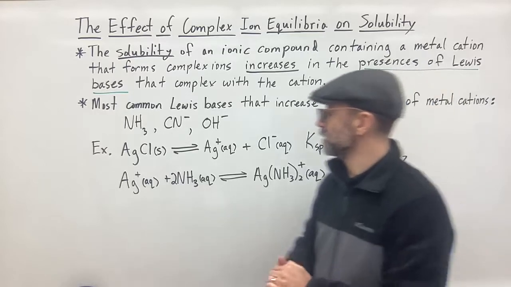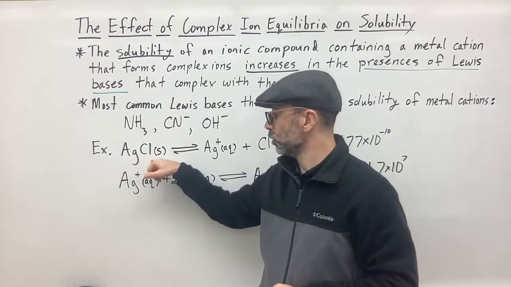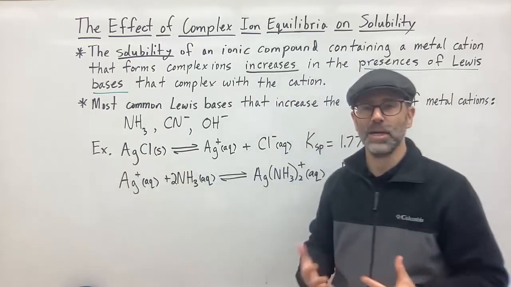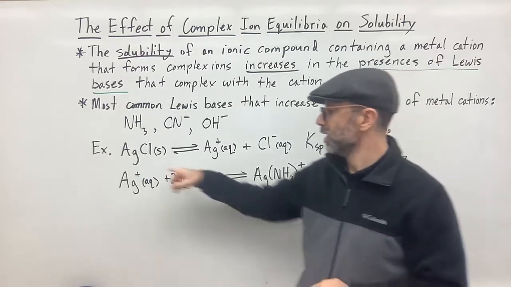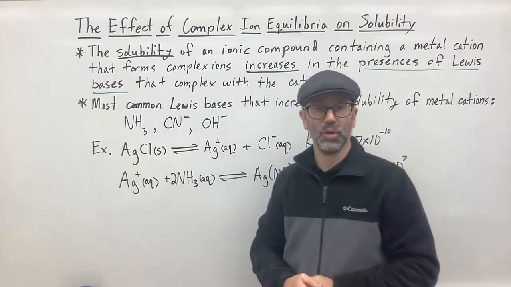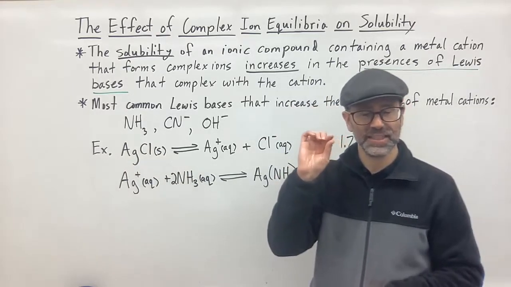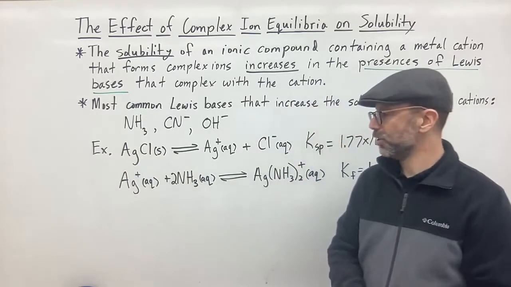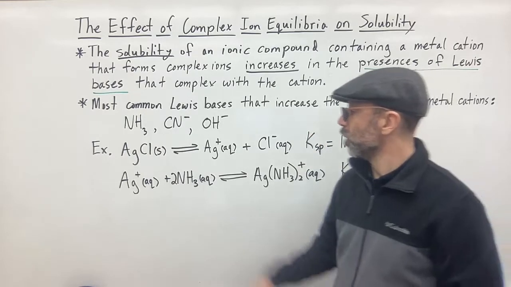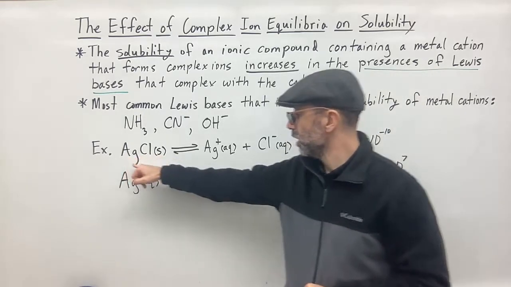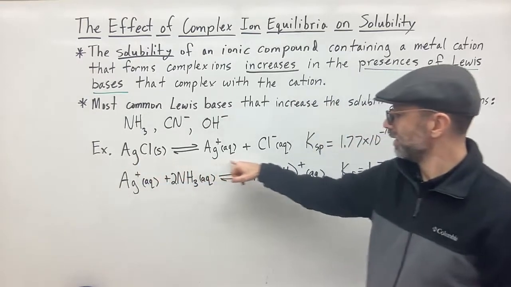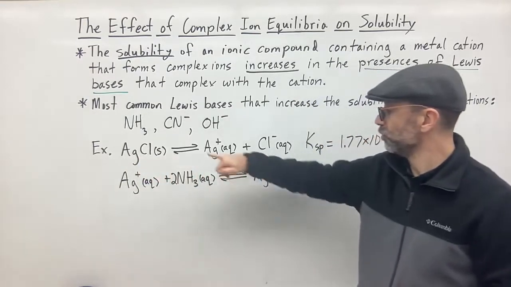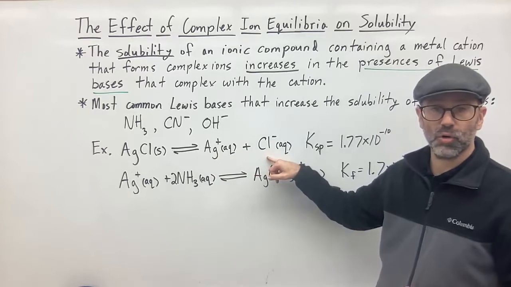So if we look at silver chloride, we know that silver chloride is not a very soluble salt. If you looked at the solubility rules, you know that silver chloride is insoluble in water. It's going to dissolve a tiny, itsy bitsy bit, but not very much at all. So here is the equilibrium of your salt of silver chloride, dissociated into your silver ions and your chloride ions.